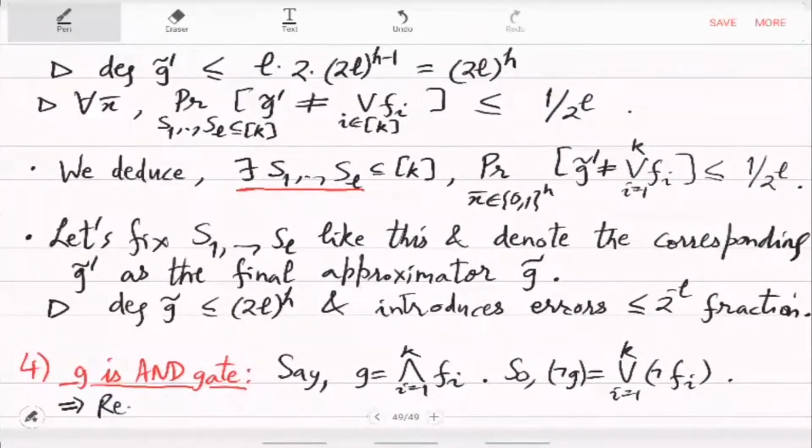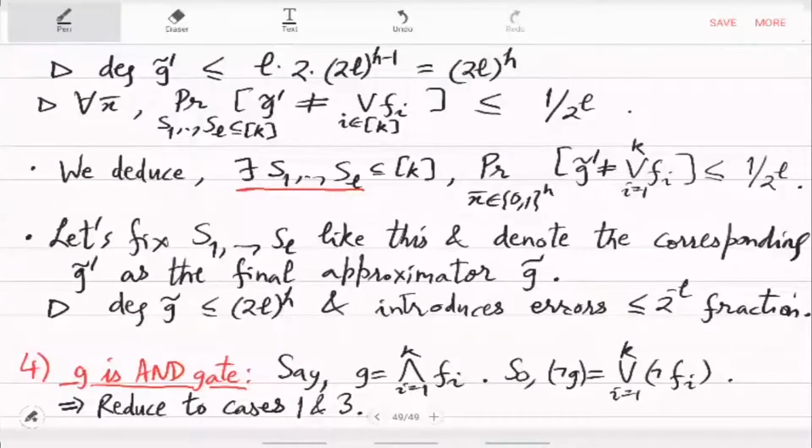So we have reduced the question to cases 1 and 3. So we have covered all the gates, namely not, mod 3, or, and.